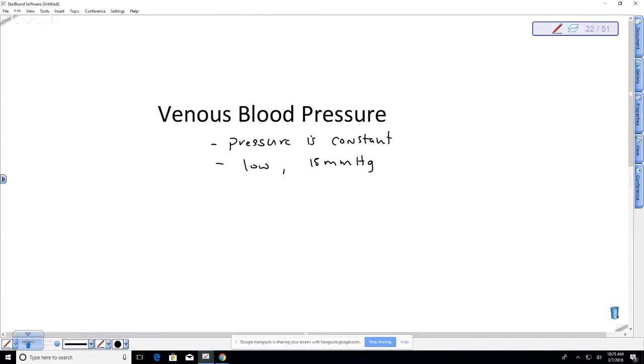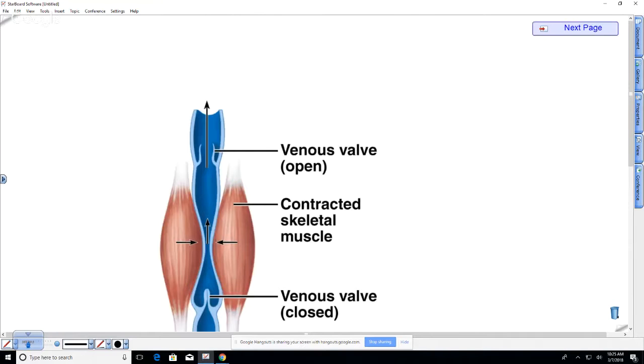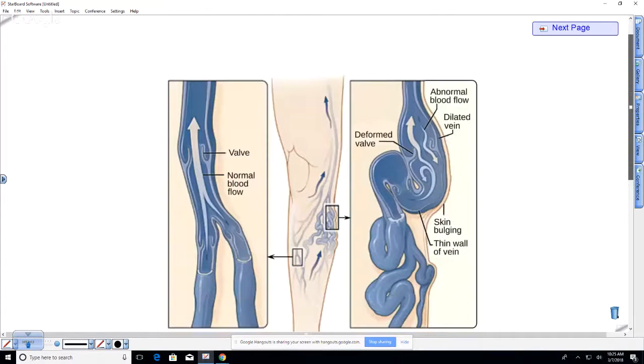And so remember that that's why sometimes it's very difficult to get the blood to return back to the heart from the lower extremities. Specifically, if you're standing in one place for very long, you can get the pooling of blood in the feet, and that can cause problems, specifically if clotting happens. And it can also cause damage to the veins. And so the pooling of blood can lead to what is referred to as varicose veins.